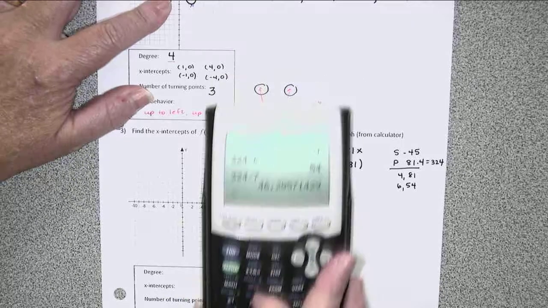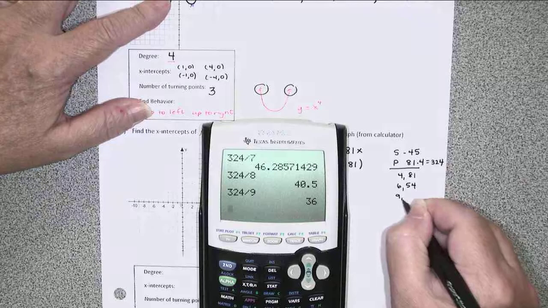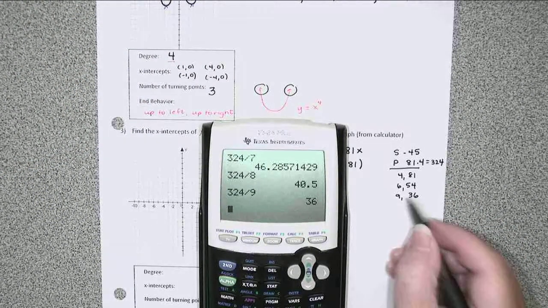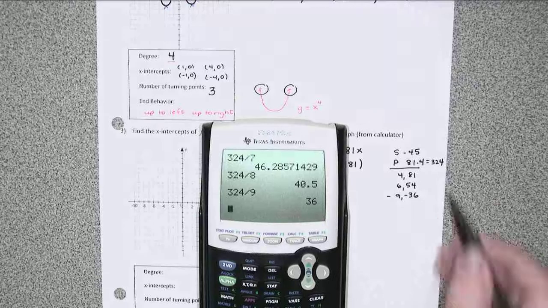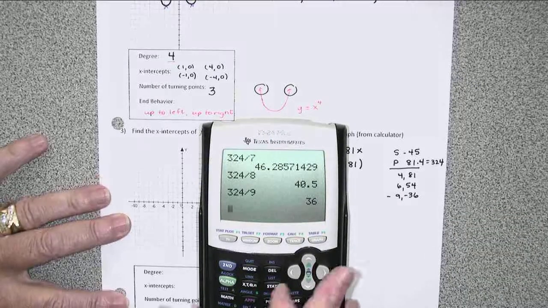7 does not go in evenly. 8 doesn't. 9 and 36. That's got some possibilities. If I make them both negative, we still get a positive 324 as a product, but they do add up to negative 45.